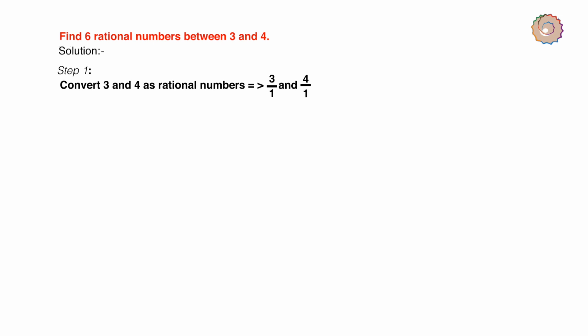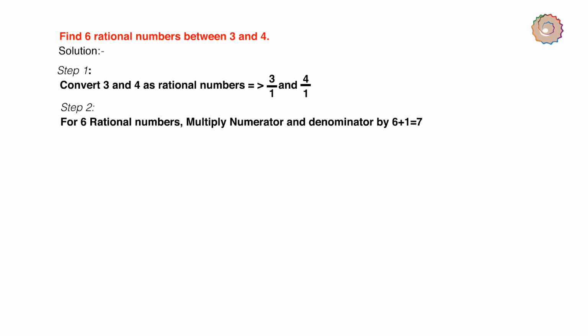Convert the integers 3 and 4 to rational numbers, that is by writing 1 as the denominator. Since we need to find 6 rational numbers, we need to multiply the numerator and denominator by 6 plus 1, which is equal to 7.